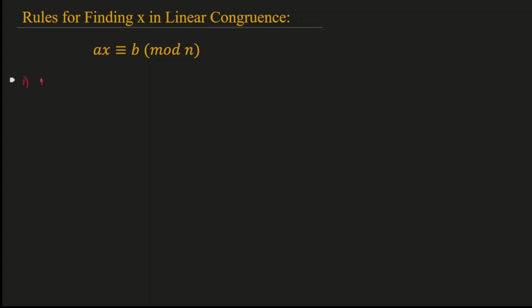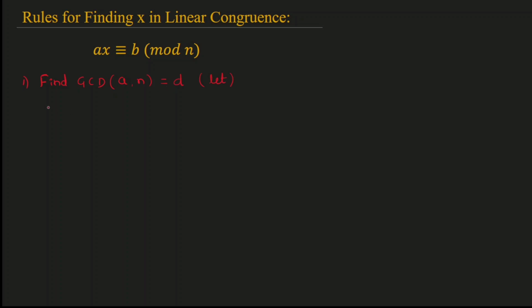First step, whenever you are given the congruence Ax congruent b mod n, first you need to find the GCD of A and n. Let this GCD be D, just for our convenience.